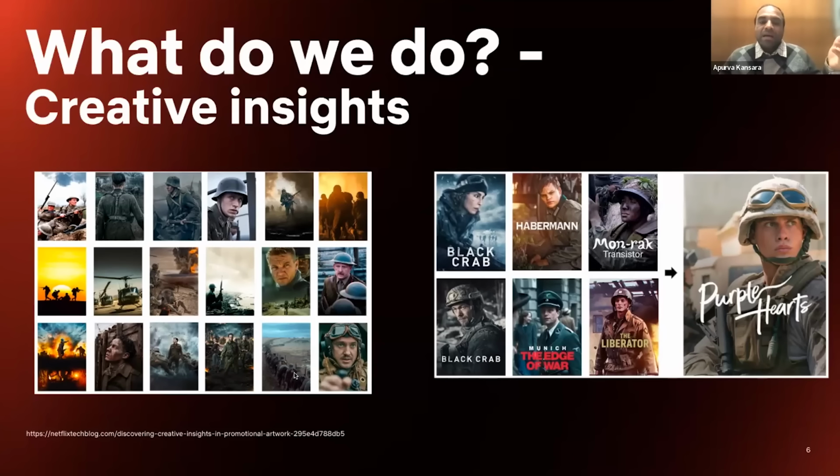There is no right answer here. Essentially, the creatives use specific ways and their creative insights to promote a title. And not only that, depending on the user cohort, those artworks might be different. Our algorithm is uniquely positioned to allow those creatives to make those different choices of presenting that artwork to our users.